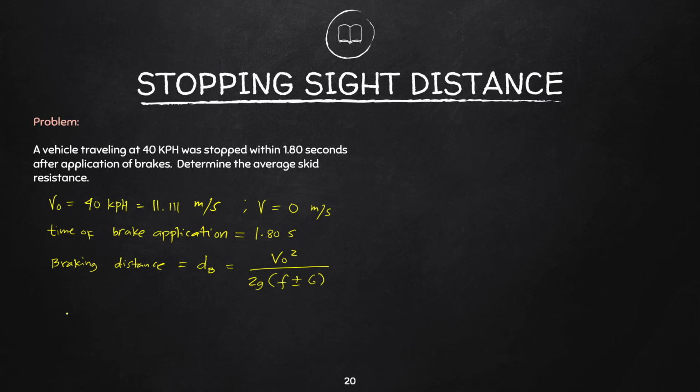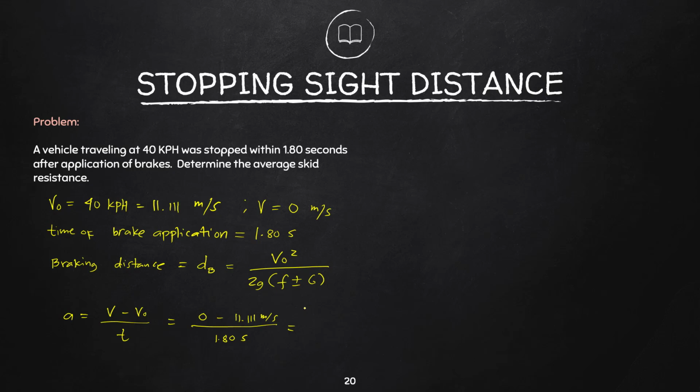Okay, so for the value of the deceleration, from our dynamics, this is equal to the final velocity minus the initial velocity divided by the time interval between these two velocities. So acceleration is equal to 0 minus 11.111 meters per second over 1.80 seconds, and we have the deceleration rate equal to negative 11.111 over 1.8.